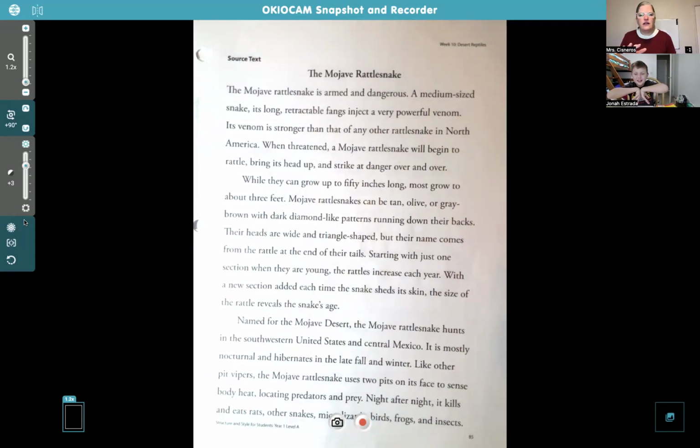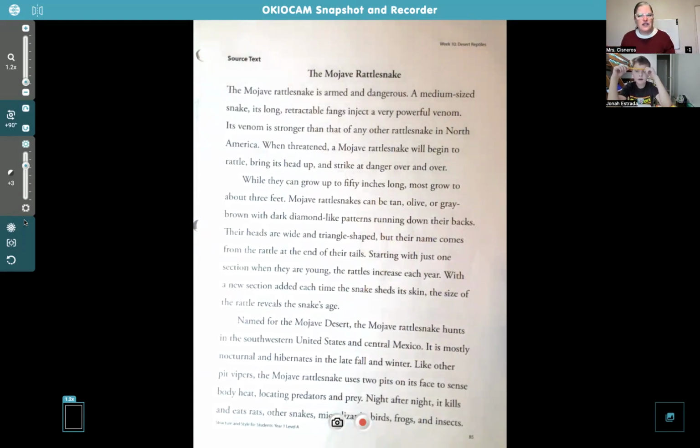You're close. Their fangs are the teeth that come out, but they go back inside their jaw when they're not biting. If they're just slithering around, their fangs are inside, but when they are ready to strike, the fangs come out. So retractable means they go back inside.